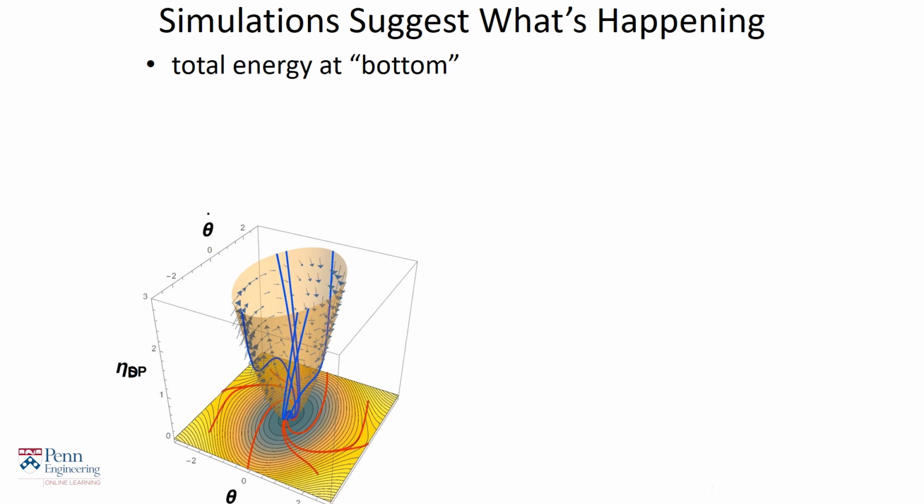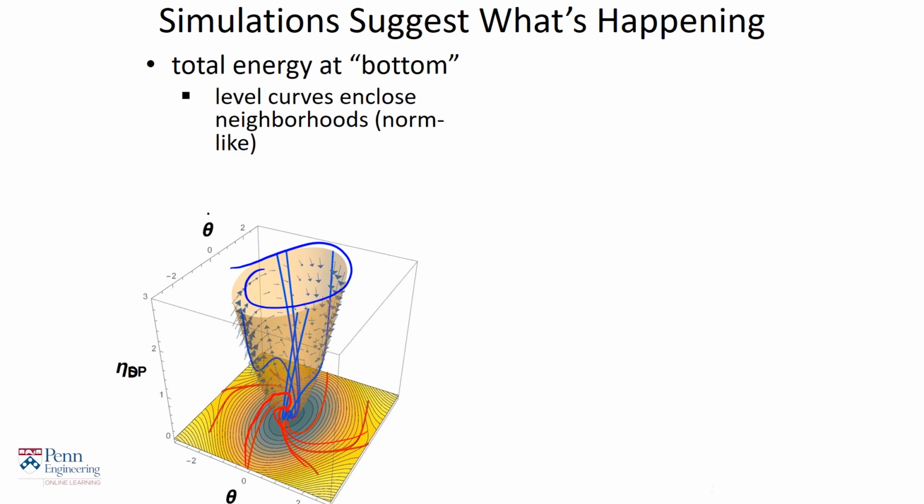I'm plotting the numerical trajectories along the level curves of the damped harmonic oscillator in its phase plane. And then in blue, I'm plotting these same trajectories along the height function of the total energy when the total energy is close to the fixed point. And you can see that the vector field arrows are pointing down on this total energy basin, and it gives us a basin. So it's almost indistinguishable.